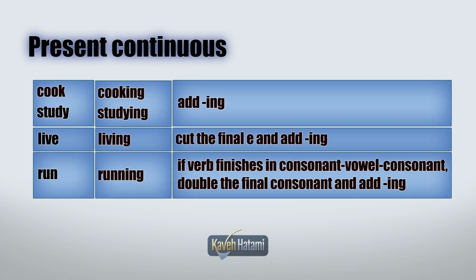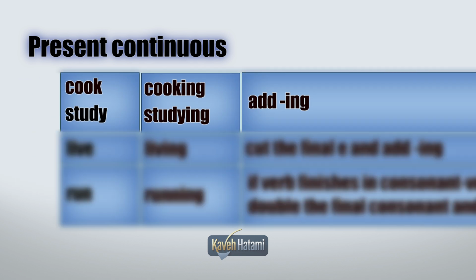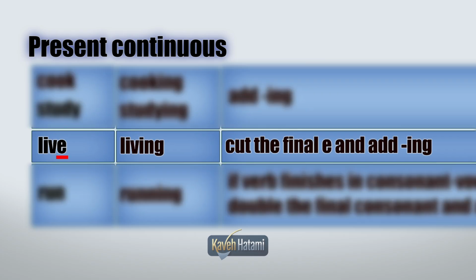How to add ing to verbs? In most cases, we just add ing to the end of the verb. For example, cook, cooking. Study, studying. If the verb ends in e itself, then first we delete the e, then we add ing.